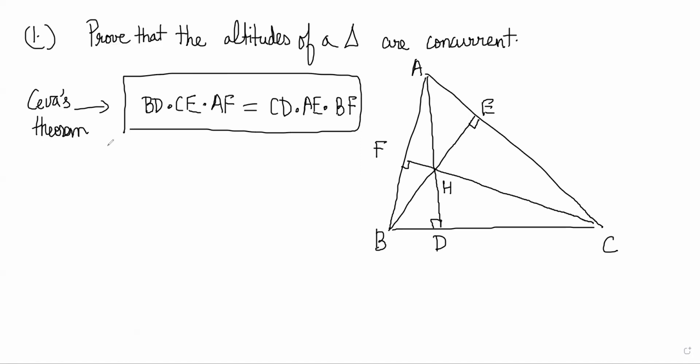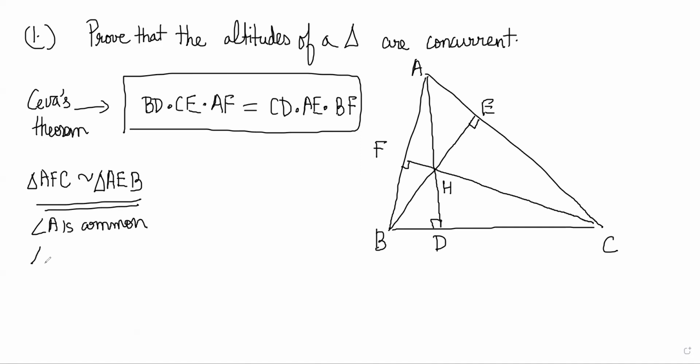Now, this is a pretty easy proof because we can again see similar triangles here. Triangle AFC, for example, is similar to triangle AEB. Why is it similar? Because angle A is common to both. And there is another angle: angle AFC is equal to angle AEB is equal to 90 degrees because of the construction of the altitudes.